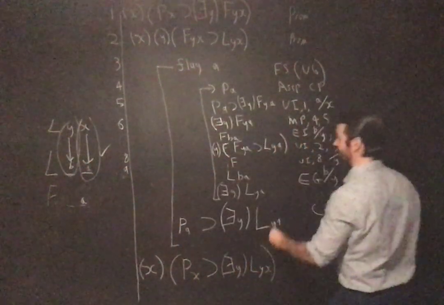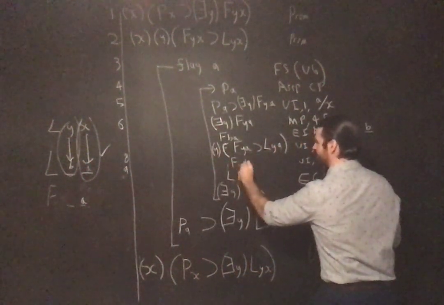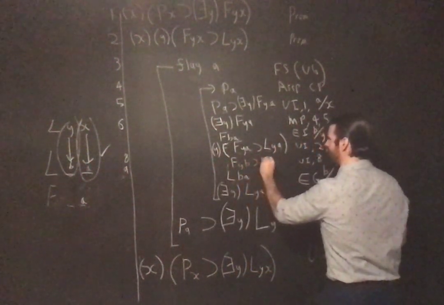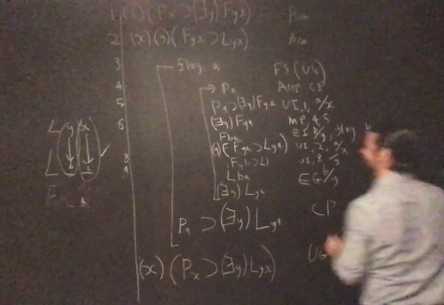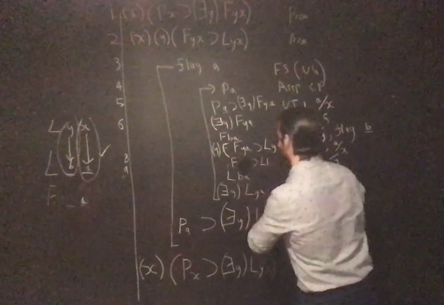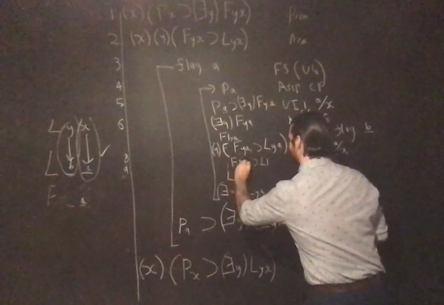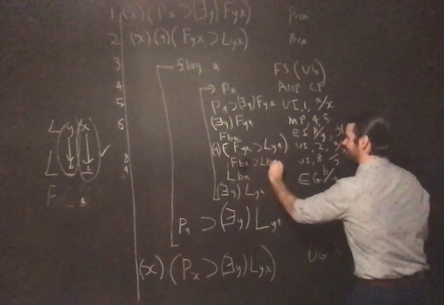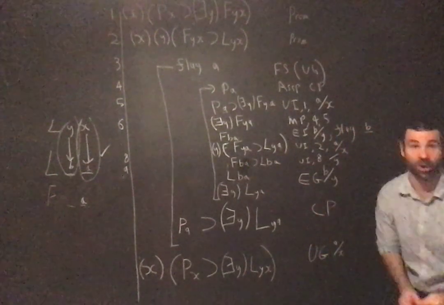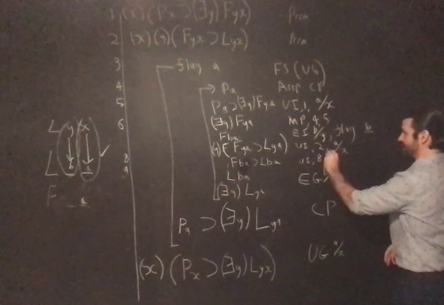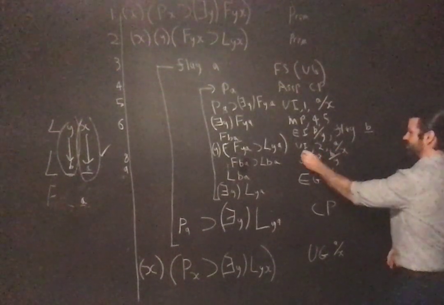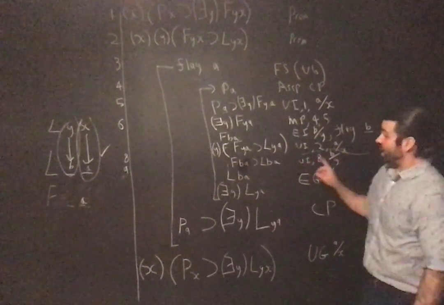B. So F, B, A, hook, L, B, A becomes this conditional. Why do I replace Y with B?